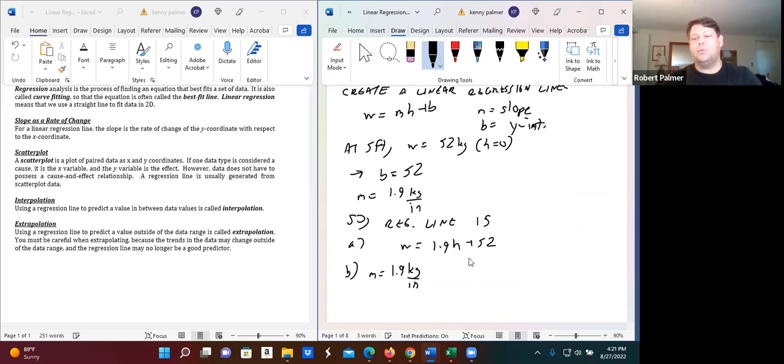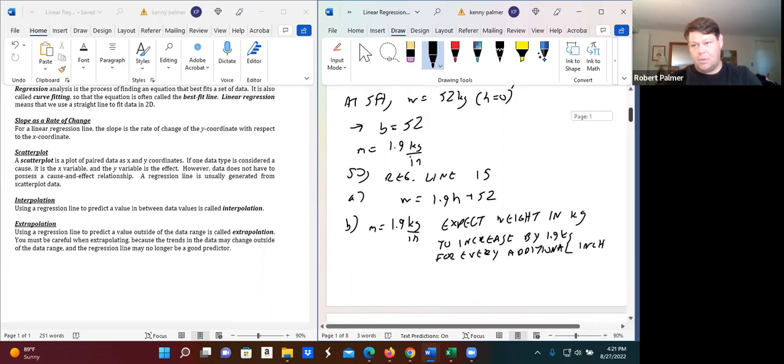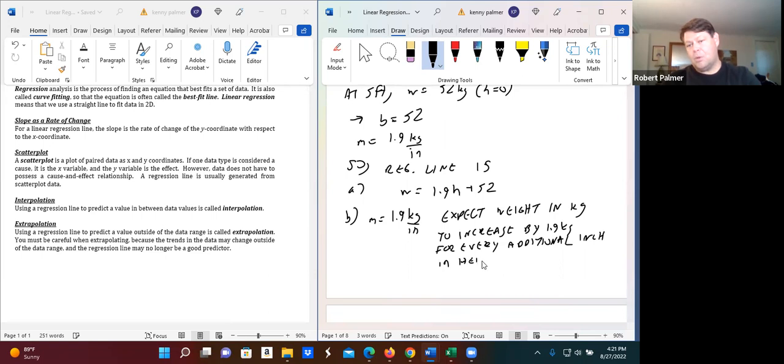What that means, what interprets it, is we expect the weight in kilograms to increase by 1.9 kilograms for every additional inch in height. So that's what we expect to happen.